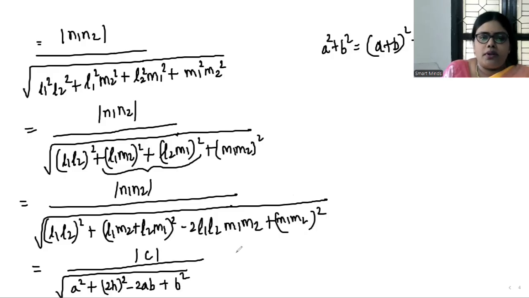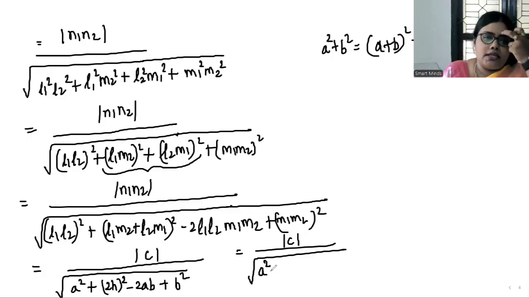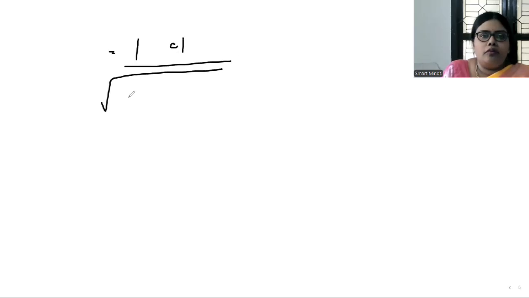So this is b square. So that is mod c by root over, see here, a square we can rearrange: a square minus 2ab plus b square plus 4h square. So that is equal to mod c by root over (a minus b) whole square plus 4h square. Hence proved.